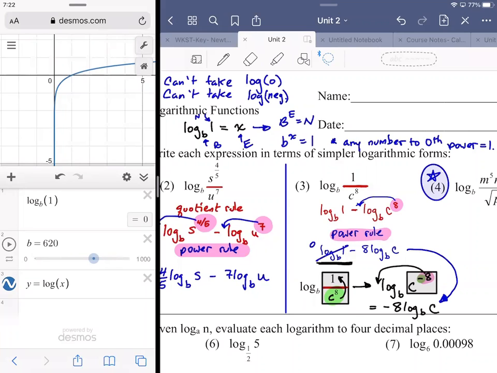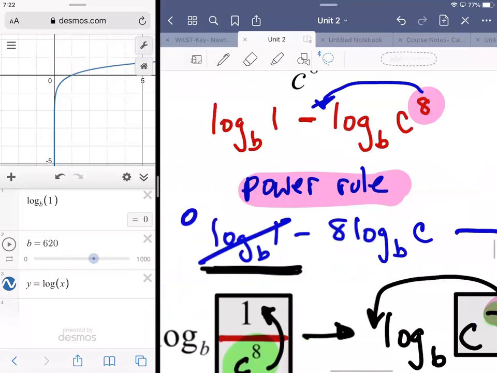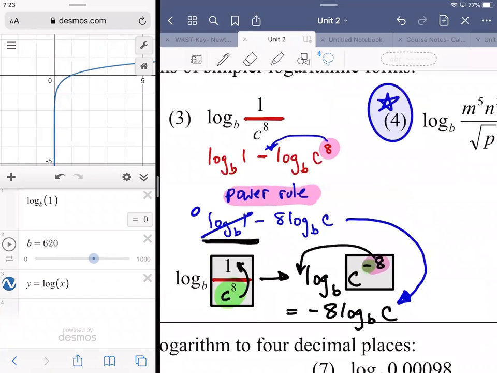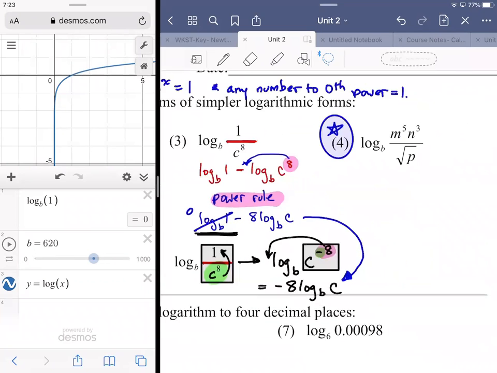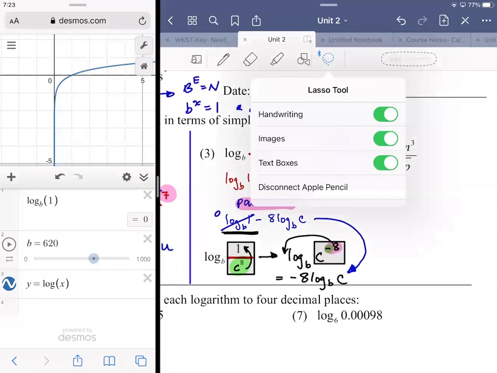So long story short, I know it took a while to get there, but if you see log of 1, regardless of what the base is, it's always going to go to 0, right? So until you get into more complicated math, that's going to be the way of it, right?